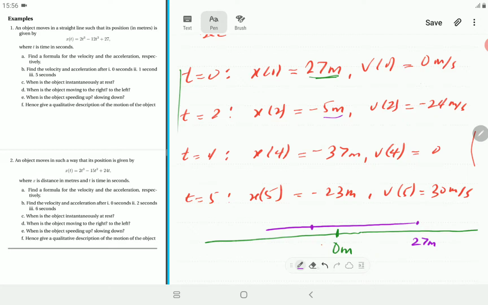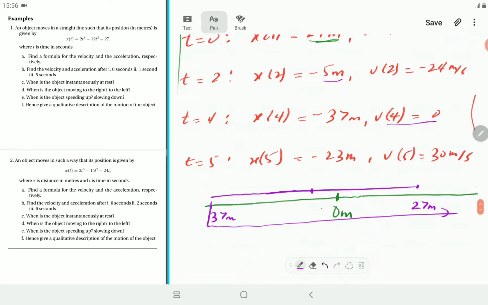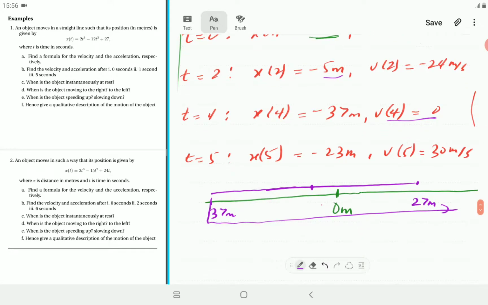So it speeds up and then starts slowing down, and then after a further 2 seconds it is at negative 37. So negative 37 meters here, and at that point it changes direction, starts moving to the right and accelerates all the way. Okay, so that's basically how that motion goes.